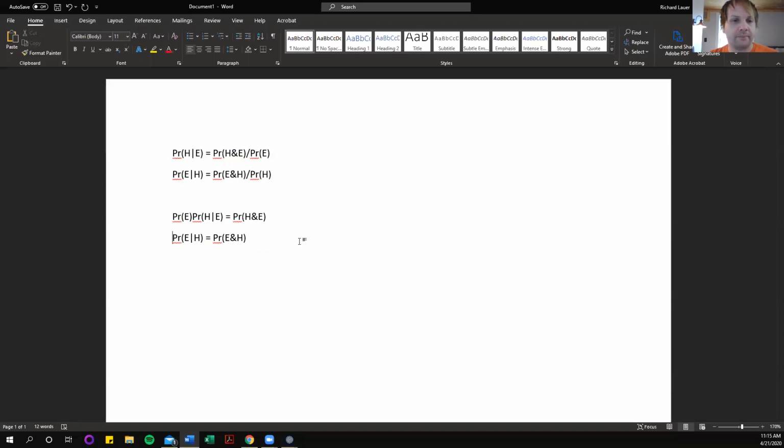So this shows that the two formulas on the right-hand side of the equals are equivalent to each other. Why? Well, with the and relationship, you can swap things around however you want. E and H is the same thing as H and E.